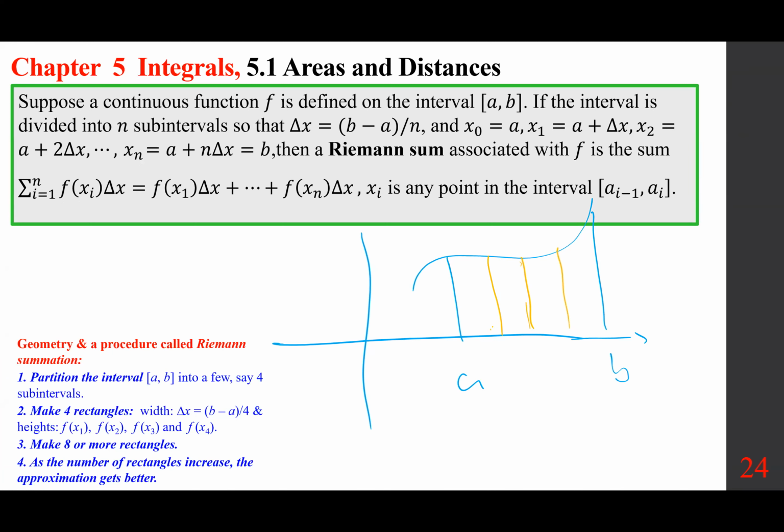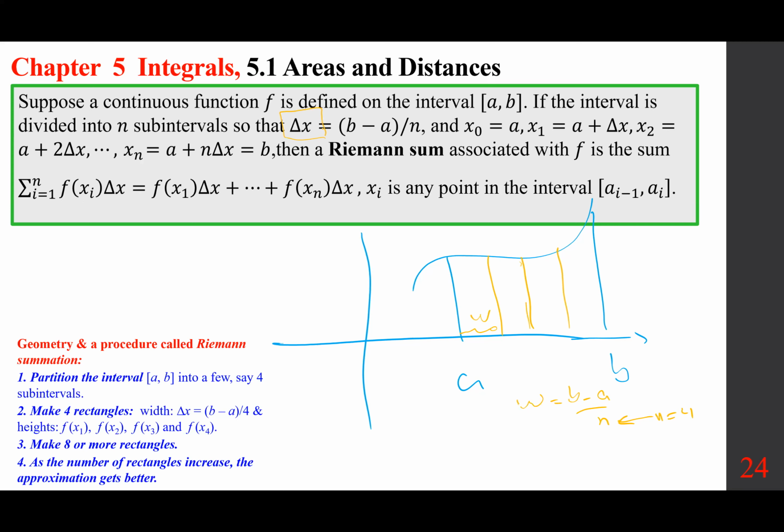Okay, and this width is B minus A over N. In this case, I'm choosing N to be 4. It doesn't have to be, but I'm saying in general. So the width is fixed. That's your delta X, everybody.